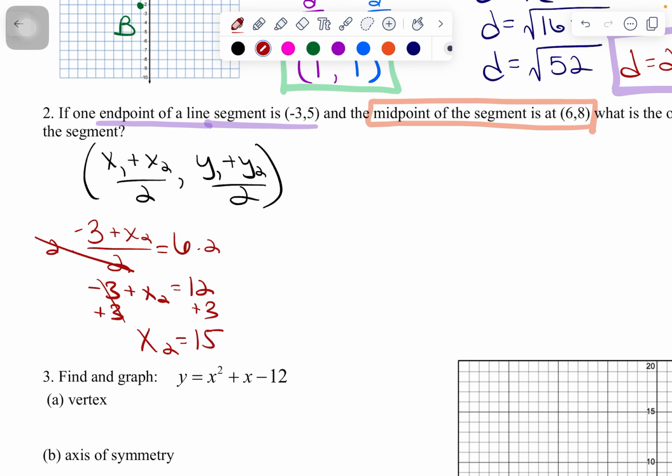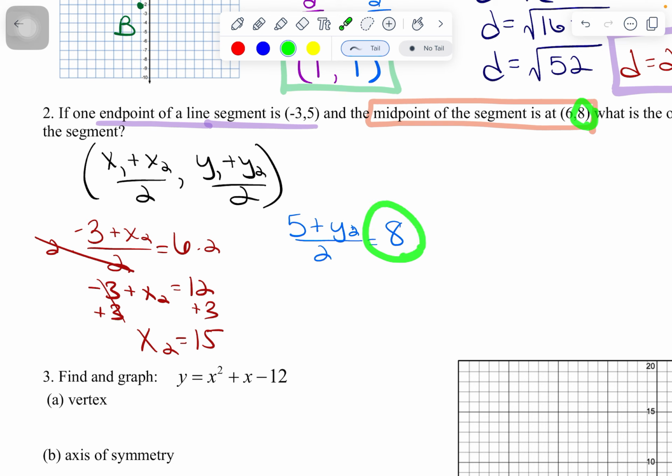And I'm going to do the exact same setup with the y value. So my first y value, the one endpoint I know, is 5, plus my second y, I don't know what that is, over 2 has to equal 8. The y value here is the endpoint, and the midpoint I'm telling you is 8.